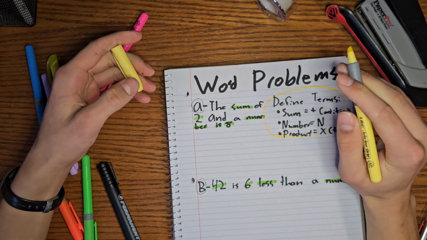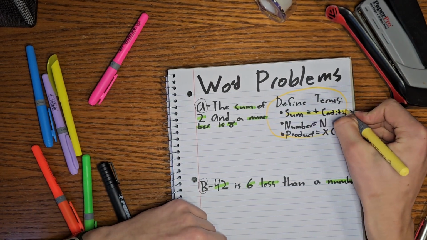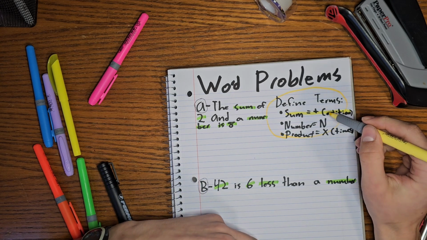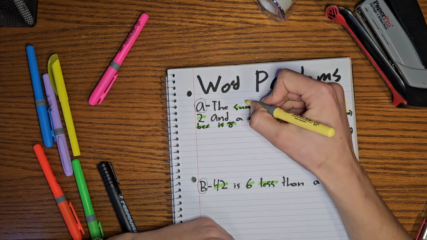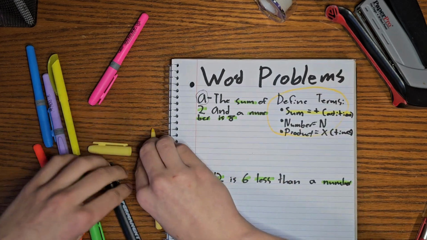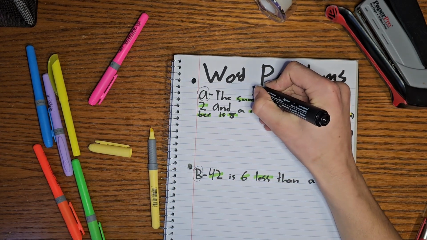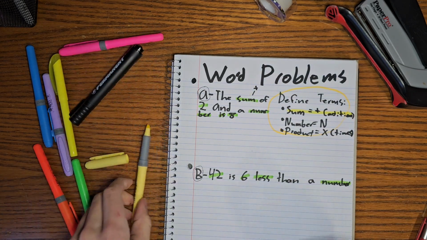So the first one that we need to know is sum. Sum equals plus. That's what you need to know. Sum equals addition. So whenever you see sum on the page, sum equals plus.